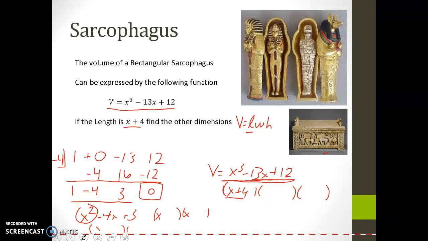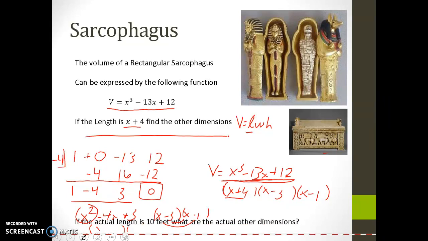And then I want something that multiplies together to give me 3 that adds to a negative 4, like a negative 3 and a negative 1. Negative 3 times negative 1 does give me 3. A negative 3x and a negative 1x does give me a negative 4x. So what are the other dimensions? Well, they're x minus 3 and x minus 1. It says here, if the length is x plus 4, find the other dimensions. Well, the other dimensions are x minus 3 and x minus 1.